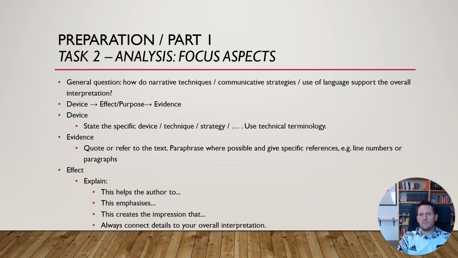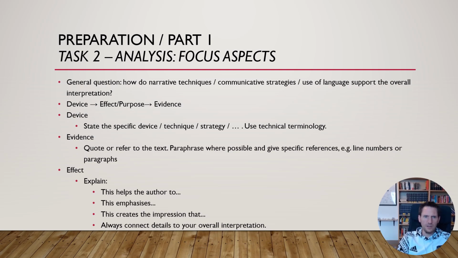A useful structure to elaborate on the individual techniques, strategies, or use of language is that it consists of three parts: the device itself, the evidence, and the created effect.